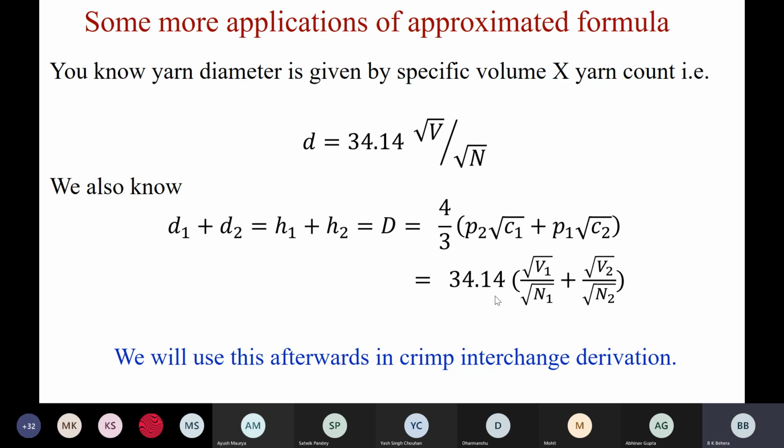This is just for a future to be used, this relationship in future derivation, particularly in the chapter crimp interchange equation. It will come after 3-4 lectures. Crimp interchange phenomena. There is one chapter in your course. At that time, I will be using this relationship. So just remember this, how this equation has come. Okay.